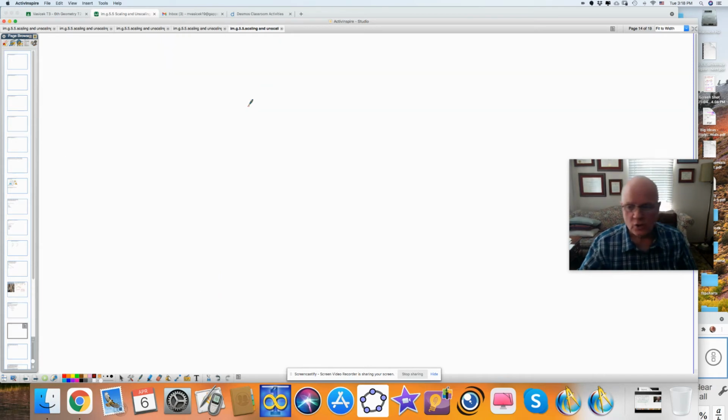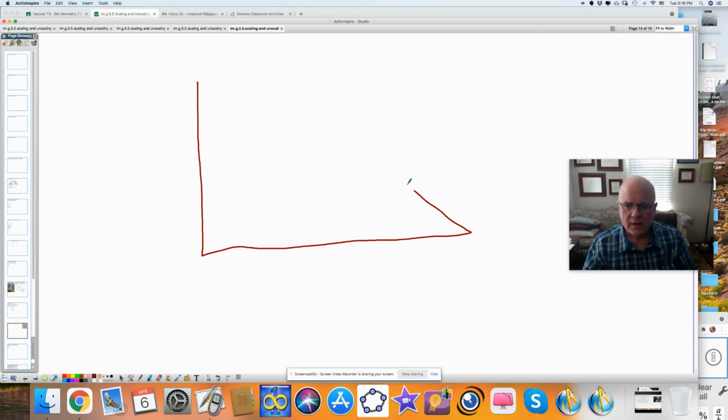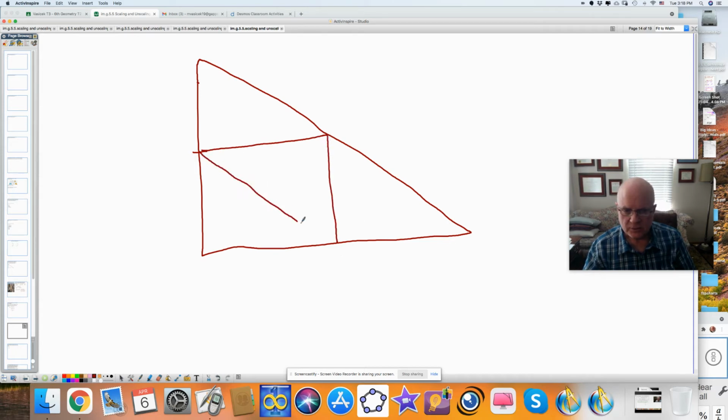What if I had a triangle like this, and I cut the sides in half? So I'm going to cut it in half here, all the way across, cut it in here, all the way across, and I'm going to add this diagonal too. Well, if I cut this in half, I'm going to have 4 triangles. So if my original was 100, then I take 1/4 of that. Each one of these is going to be an area of 25.